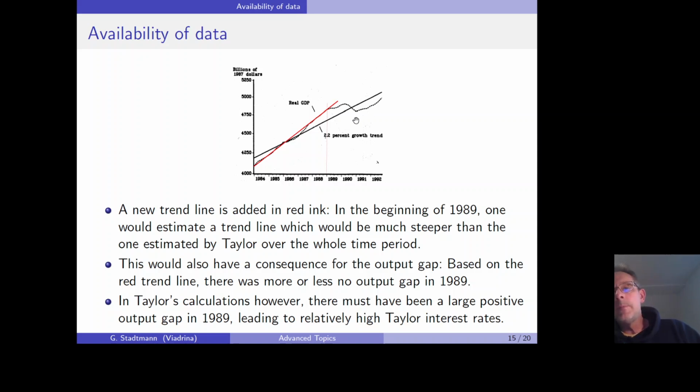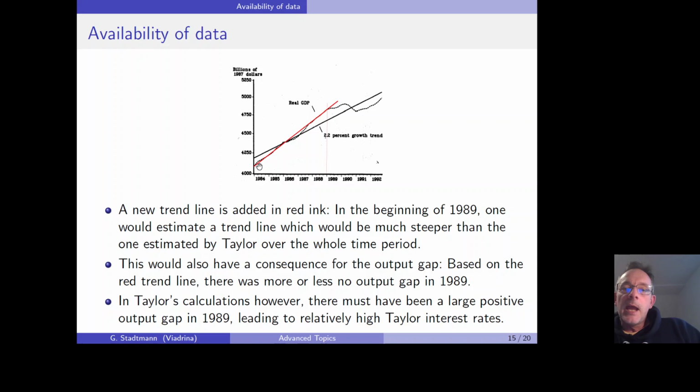Definitely, it cannot be based on this kind of information in case that we are in the year 1989 and we want to implement an optimal monetary policy, and we want to implement an interest rate for the Federal Reserve.